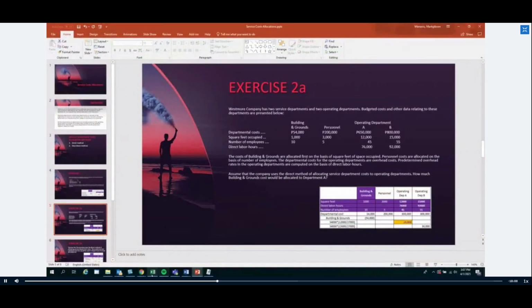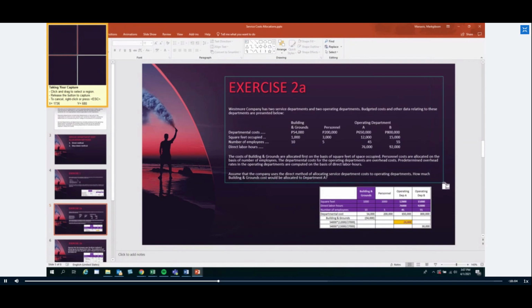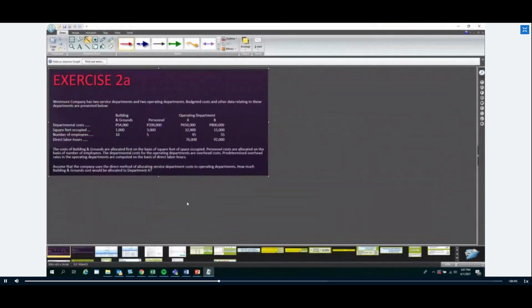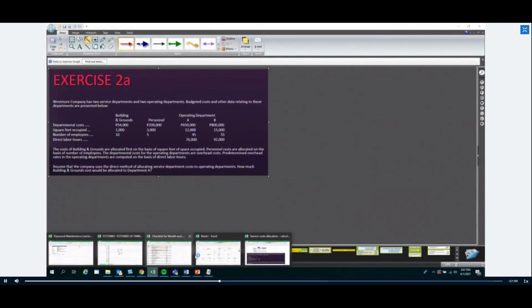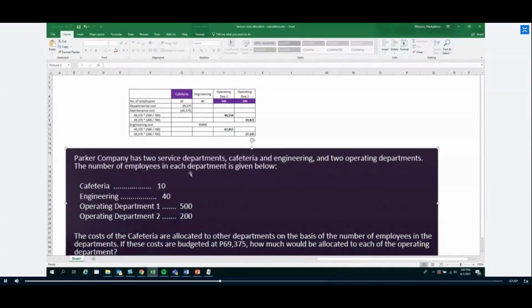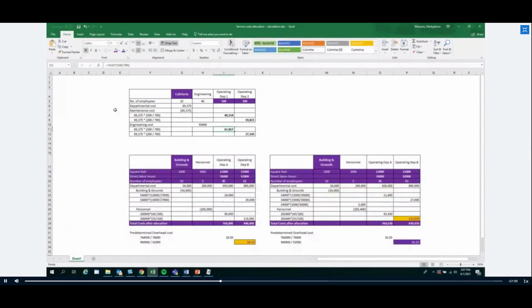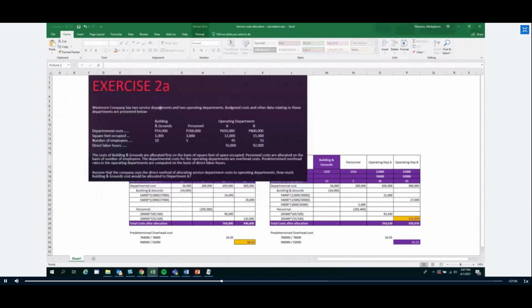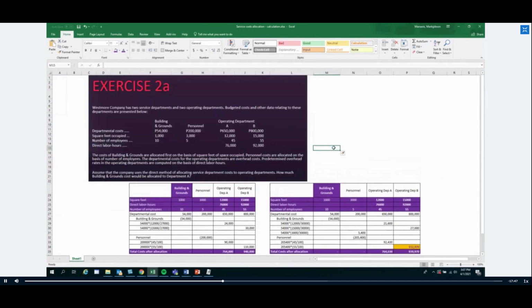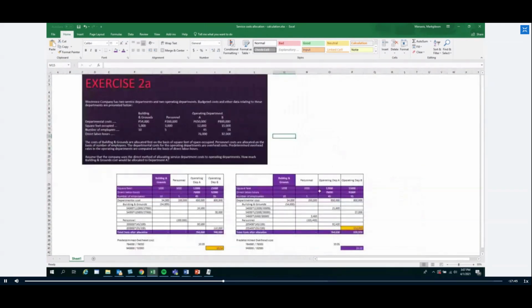Sige, isa-isahin natin. Kunin ko lang ulit yung problem dito para dito tayo mag-focus. Okay.